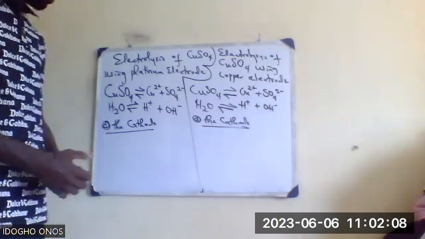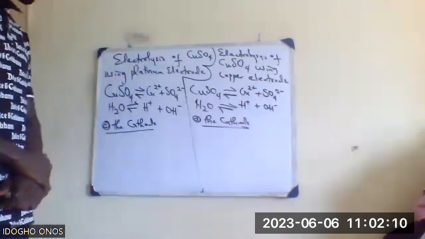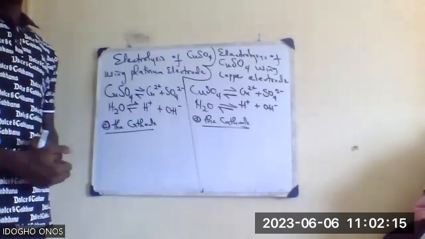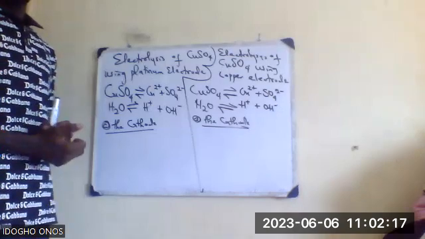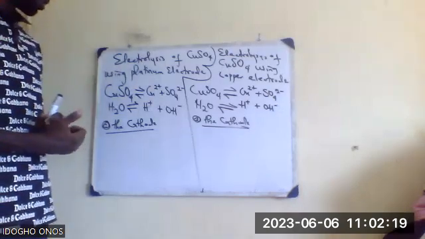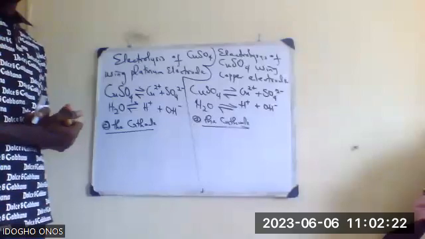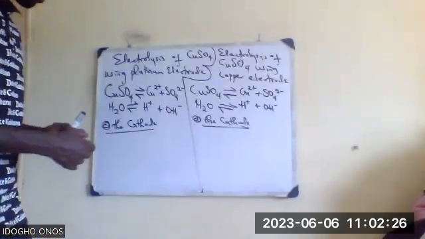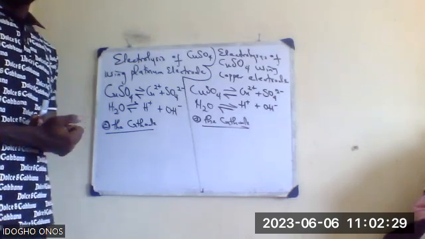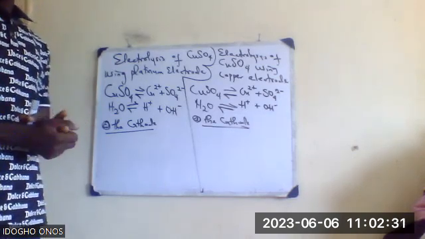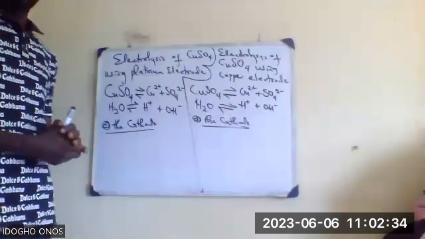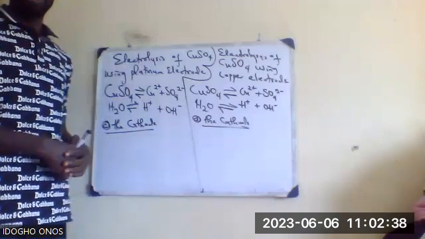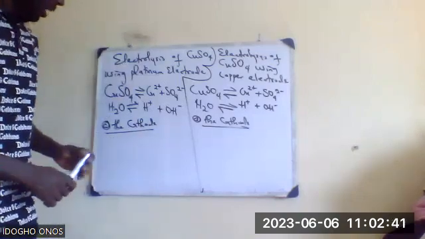Copper 2 ion. Okay. Why do you say so, please? You should be able to tell your students so that they understand the reason. Can you just tell us briefly why copper 2 ion, not hydrogen ion? It's lower in the electrochemical series. Okay, thank you. It displaces hydrogen in the electrochemical series. That's correct. The one lower displaces the one higher in the electrochemical series. So, thank you very much.